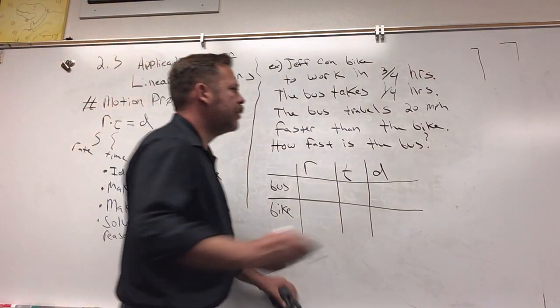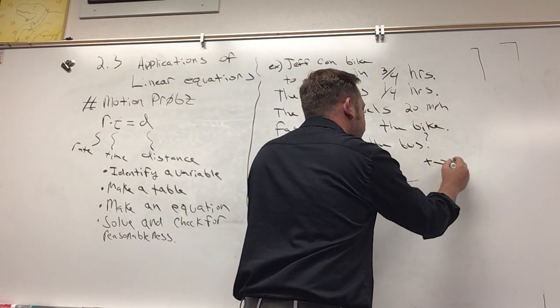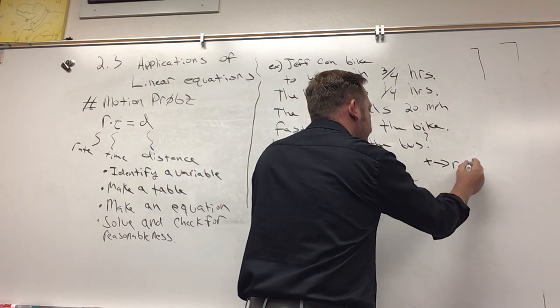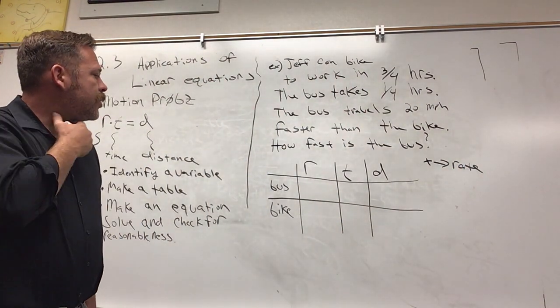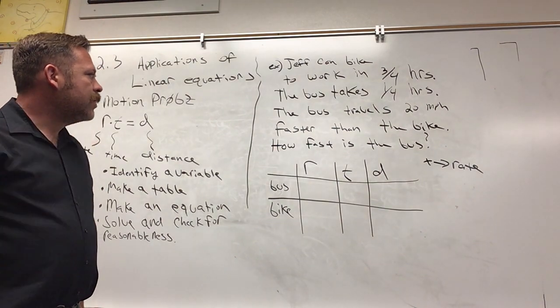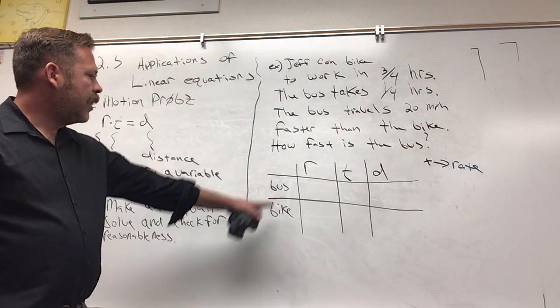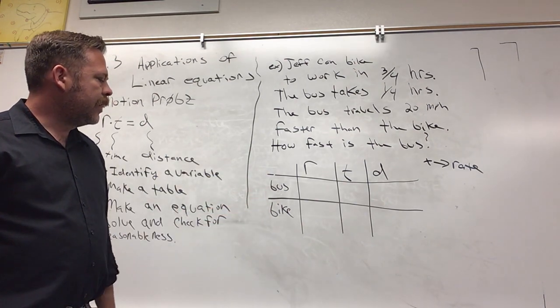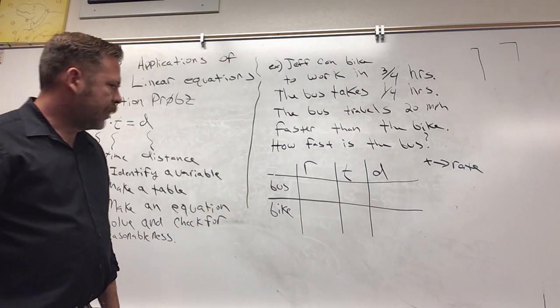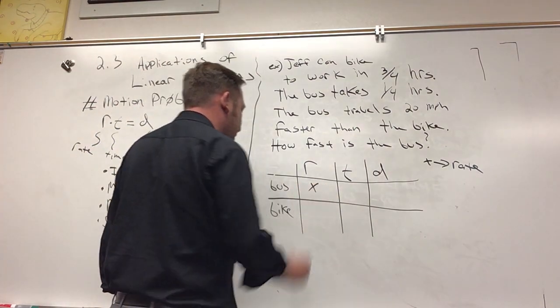Oh, let's do that. Let's say x is the rate. We'll use x for our variable, okay? All right, so I'm just gonna say that one of these two rates here, either the bus or the bike, is x. Let's say x here.